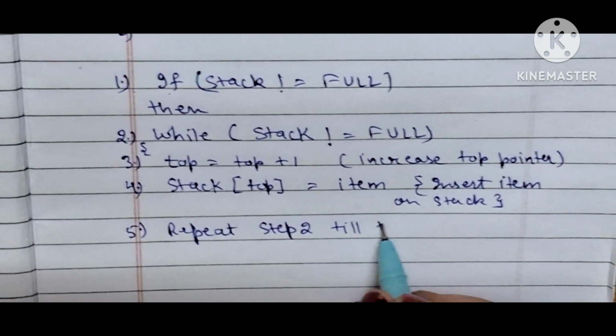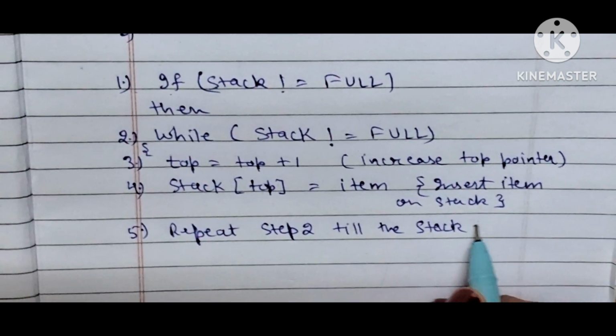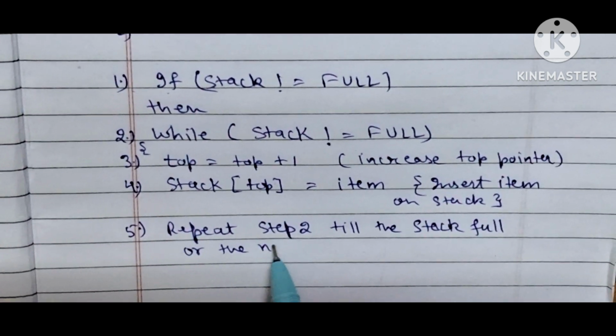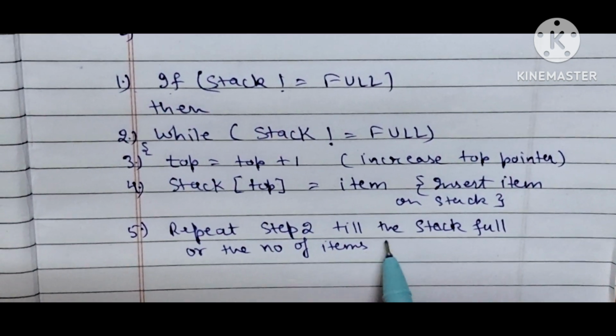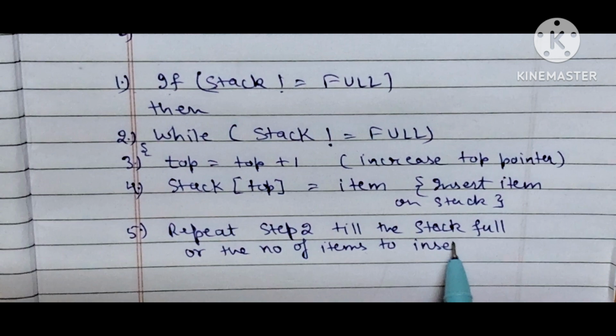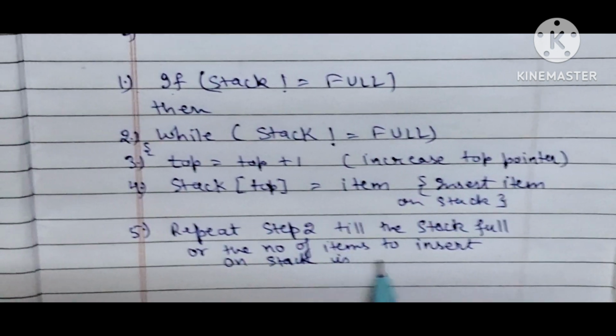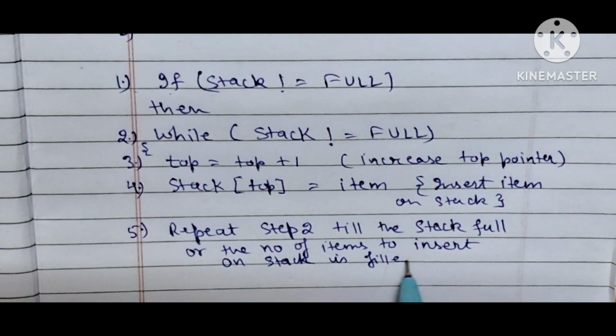Then we repeat step 2, that is we repeat the while loop till the stack is full or we have achieved the target of filling the items on the stack.